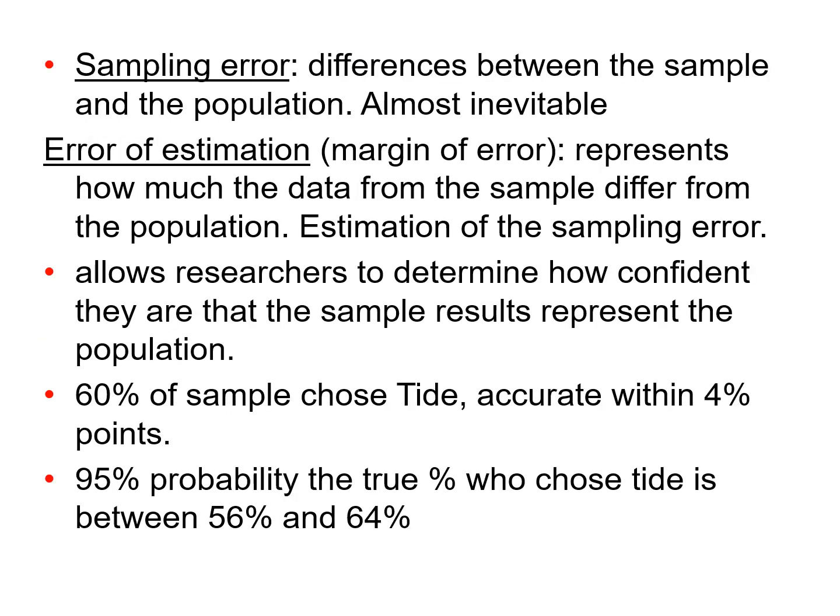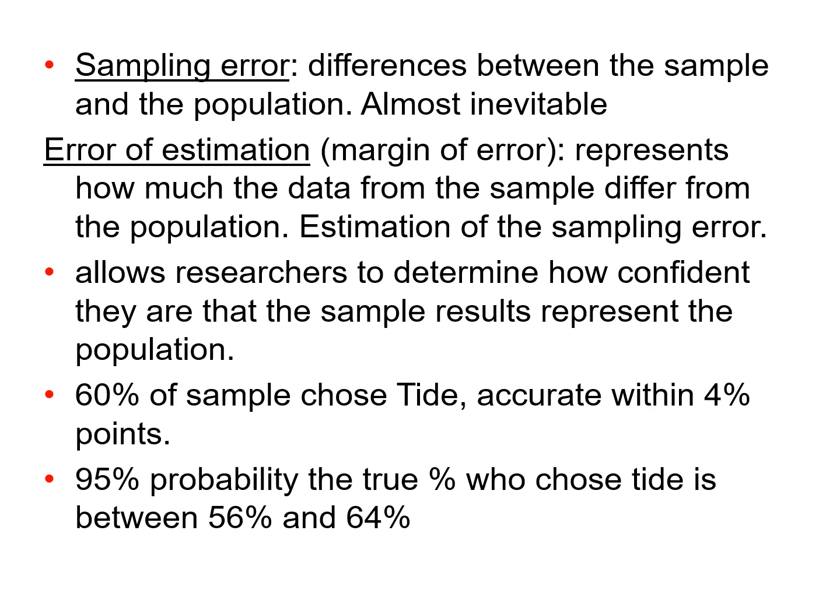Be careful because there could be errors arising from sampling. This would be differences between the sample and the population, and this is unavoidable. So error of estimation represents how much the data sample differs from the population, and estimation of the sampling error allows researchers to determine how confident they are that the sample results represent the population.